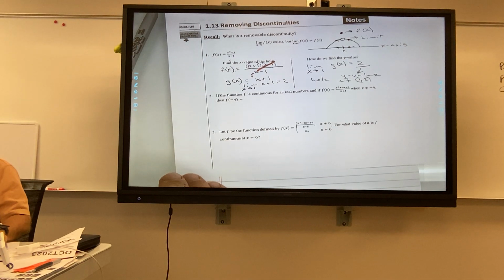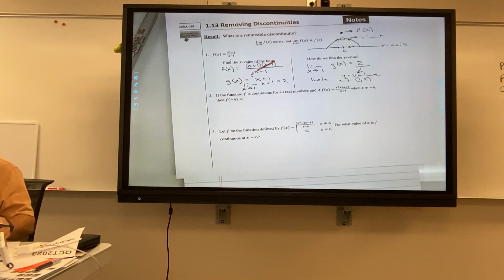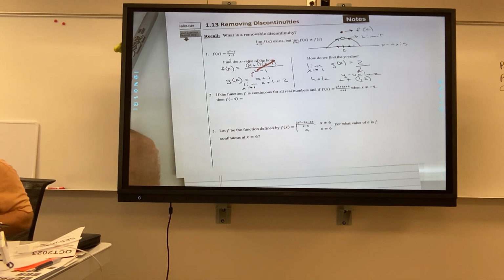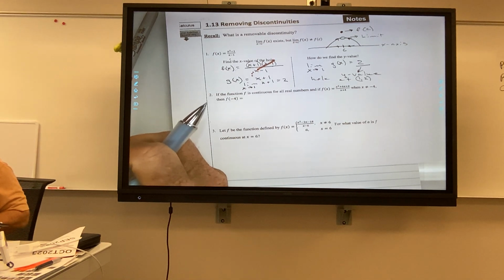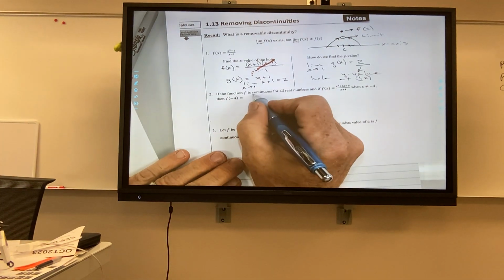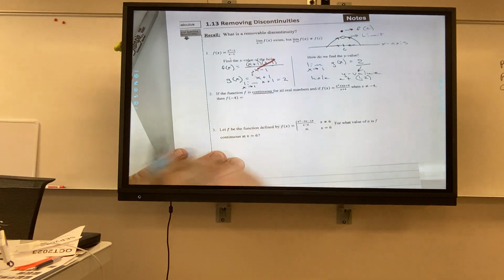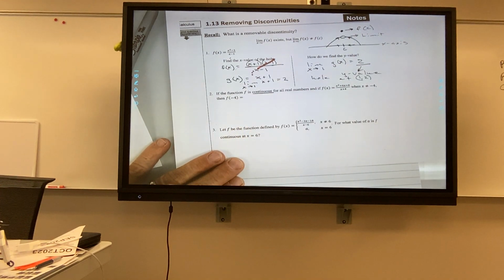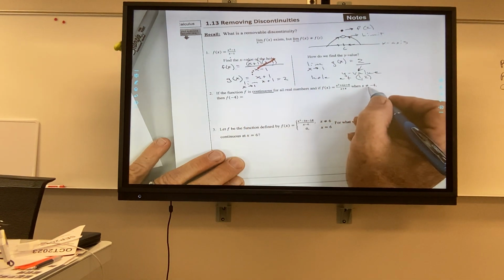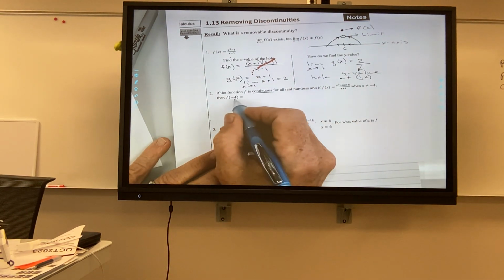Here it says if f of x is continuous for all real numbers, and if f of x equals this when x doesn't equal negative 4, find f of negative 4.